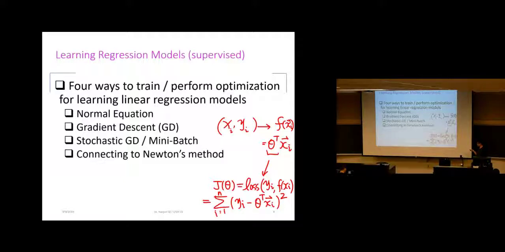The only thing unknown is theta, and this captures the error. You want the error to be small. So this is our objective function, or loss function, or cost function. They mean the same thing. Again, this is what we covered last week. Questions about this?